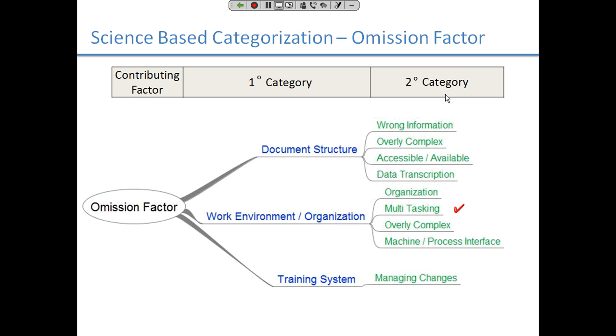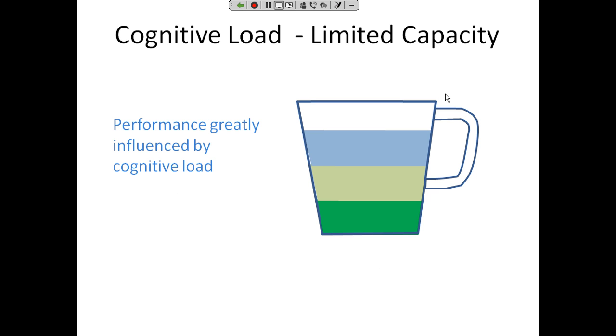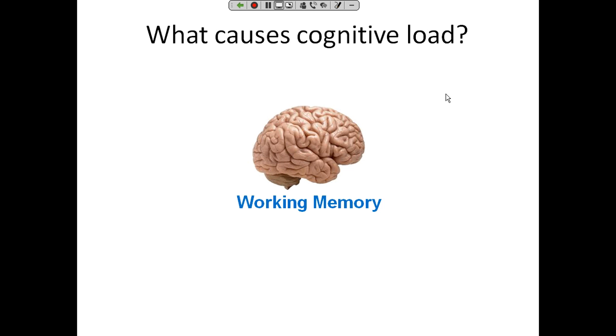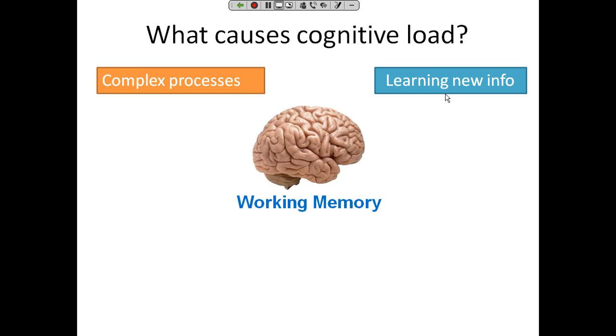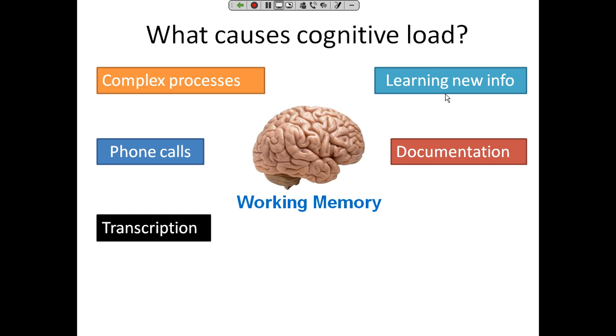I'd like to drill down further on this topic of multitasking, just to put forward a little bit more context in this particular area. We work in an environment, as was mentioned earlier, that's fast-paced and complex, technically very complex. And we, as people, have limited capacity, and we have limited working memory. And what happens is we get overloaded very quickly.